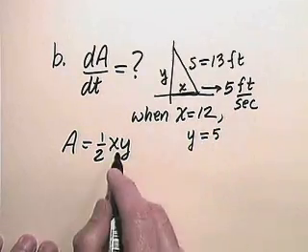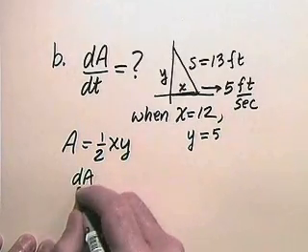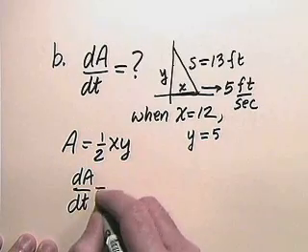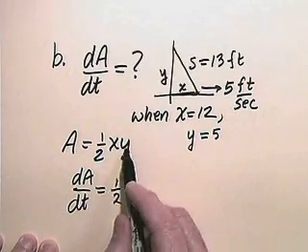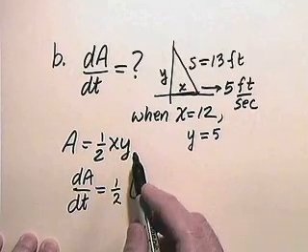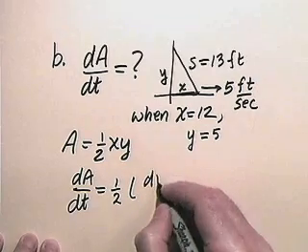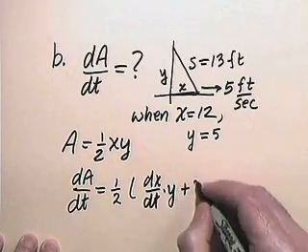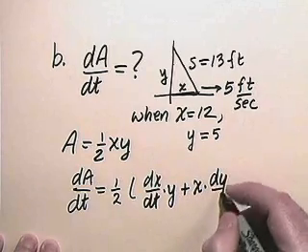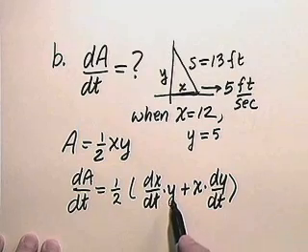And so now we take this equation for A in terms of x and y, and differentiate both sides with respect to t. So we get 1/2 times, and now we use the product rule. Remember, x and y are both functions of t, so derivative of x with respect to t multiplied by y plus x times the derivative of y with respect to t. And so now we just put in what we know.